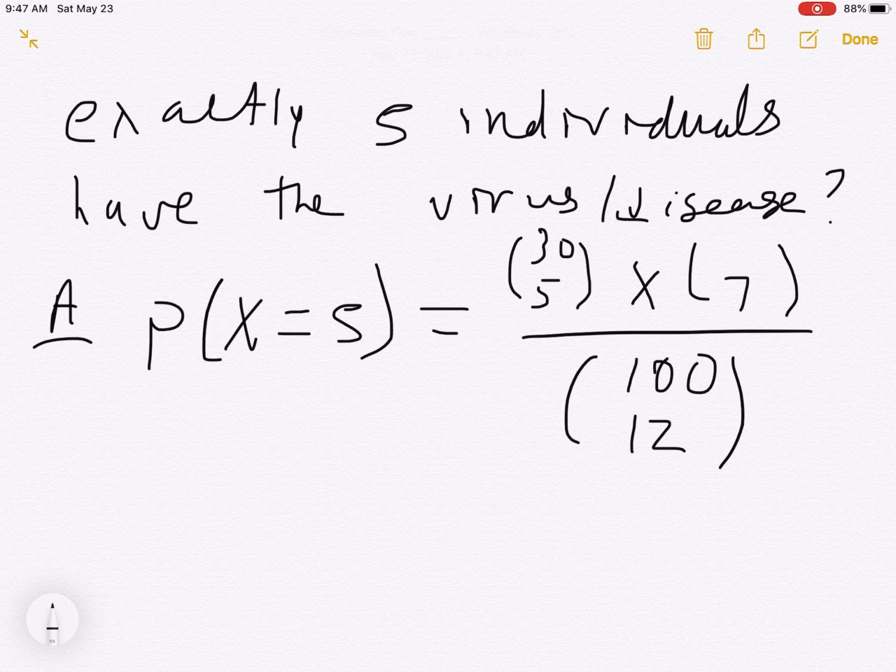So I'm going to do 7 because 7 plus 5 adds up to 12. And that leaves 70 individuals to select from. And that's the probability. So let's run that in my calculator real quick. And the odds are going to be 0.163 or about 16%. Okay.